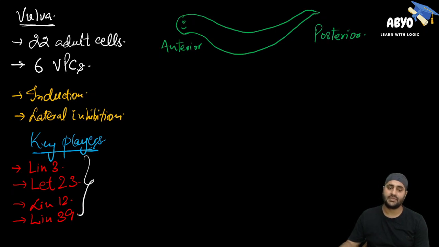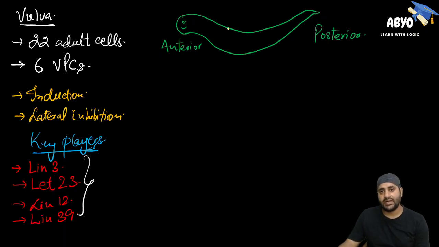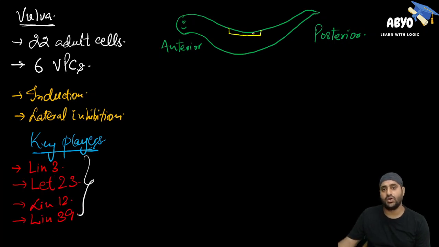This is the location of the gonad. Adjacent to the gonad, attached to it, is the major important cell which we call the anchor cell. This anchor cell is very important, because it will become the source of induction.